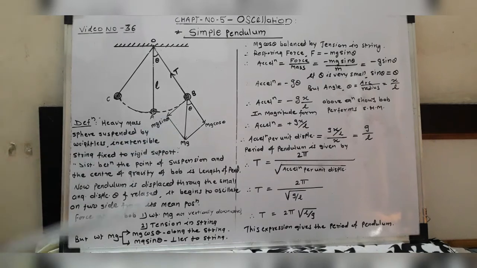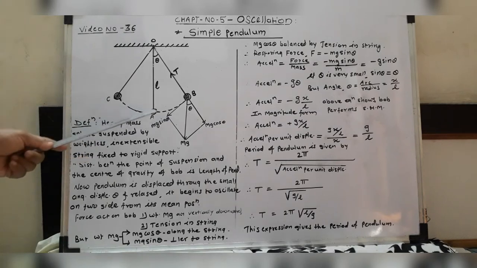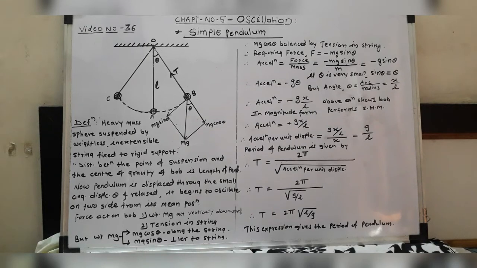component mg sin theta tends to bring the bob back to its original position. That means the function of the component mg sin theta is to try to make the bob regain its original position. And this is nothing but the restoring force.